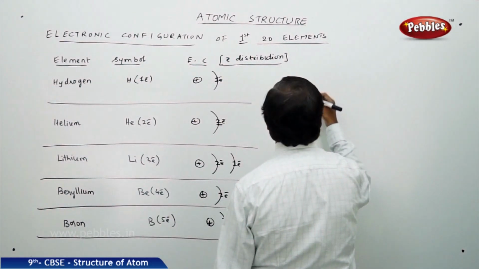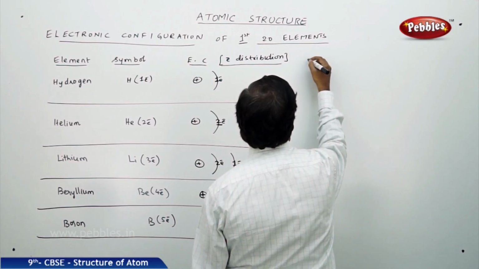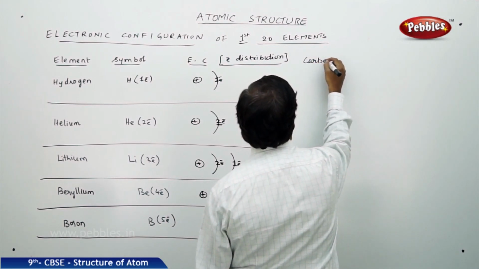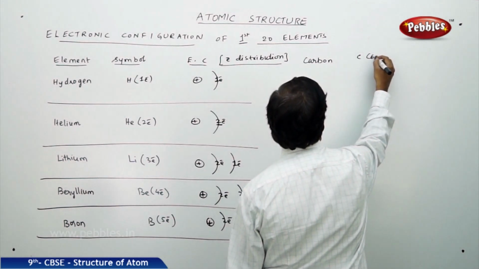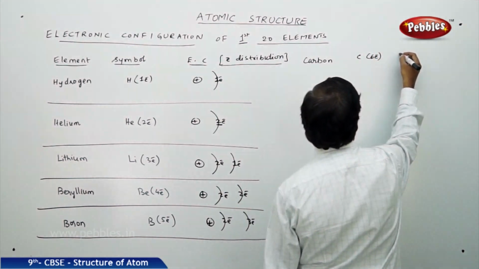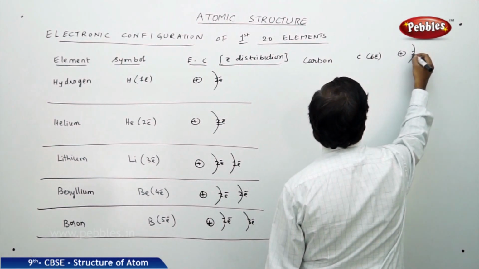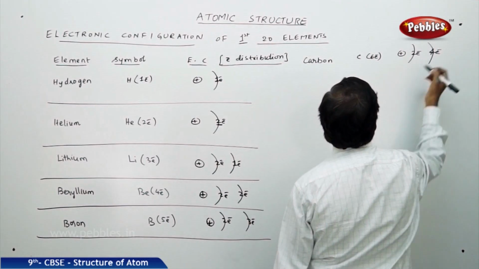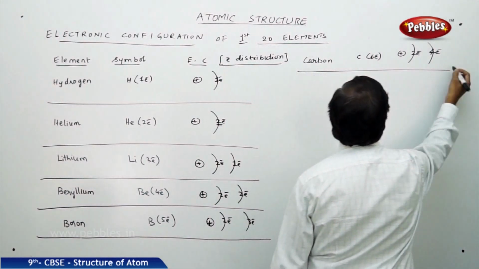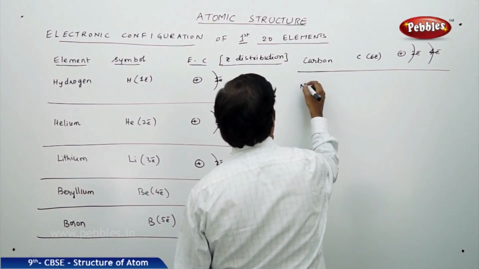Again go for carbon. Symbol is C. Total number of electrons is 6. So electron distribution: nucleus, first shell 2 electrons, next shell 4 electrons. Carbon is over. Go for nitrogen.